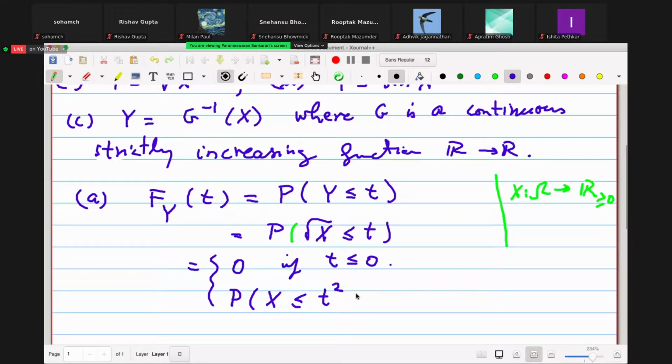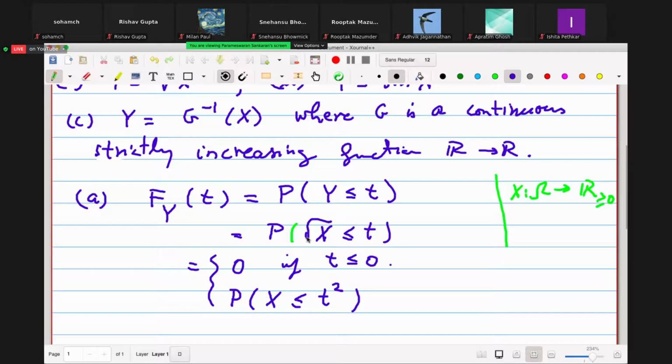So this would be wrong if X takes negative values; it doesn't even make sense then. What is Y equals square root of X? So that's a problem already.